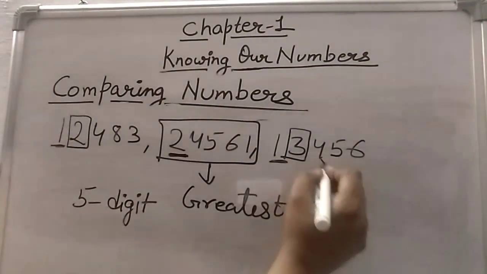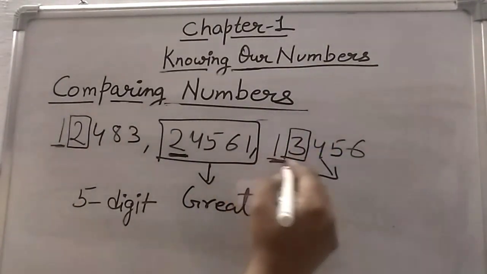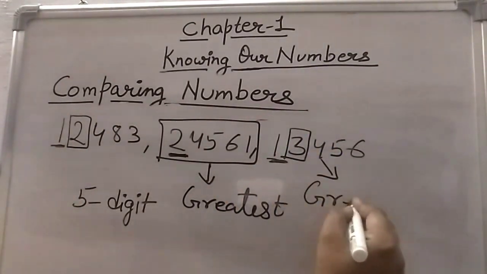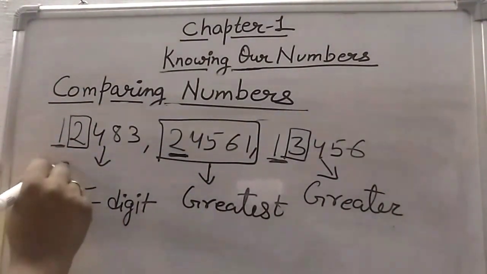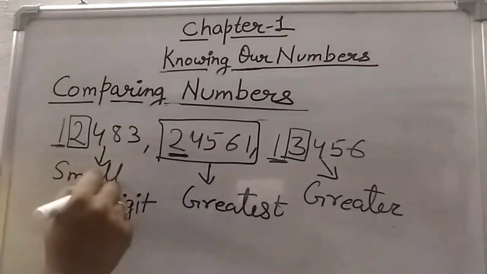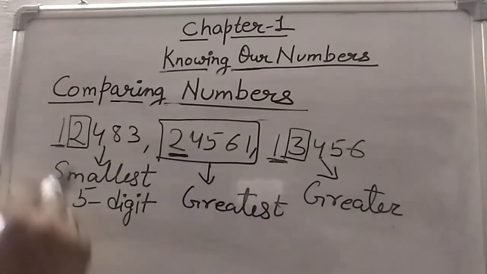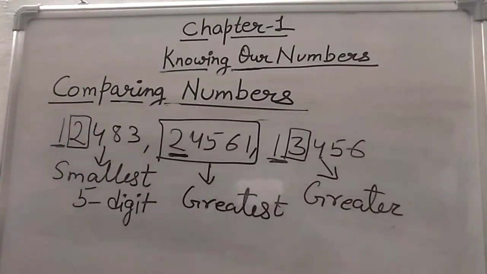This is how we come to know that this third number is greater and this first number is smallest. So among these three numbers, the second number is the greatest one, the third number is the greater one, and the first number is the smallest one. I hope this is clear to all of you. Thank you.